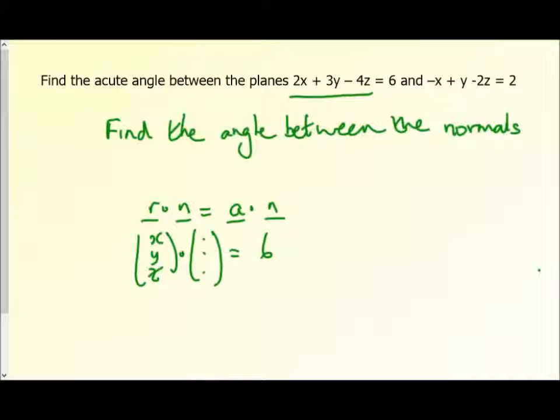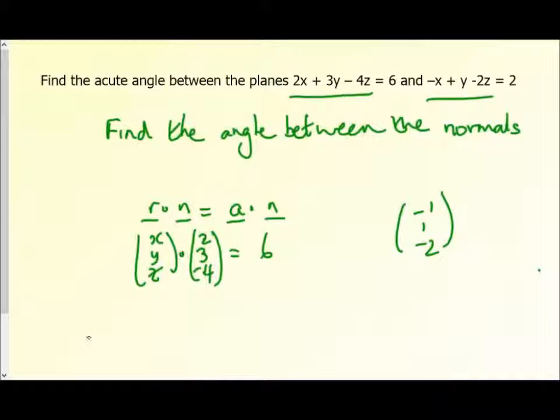So this vector here is going to be the normal to the plane. Well, you can see that the calculation of x, y, z dot 2, 3, minus 4 is going to give us the left hand side of this equation. And similarly, therefore, the normal to this plane is going to be minus 1, 1, minus 2.